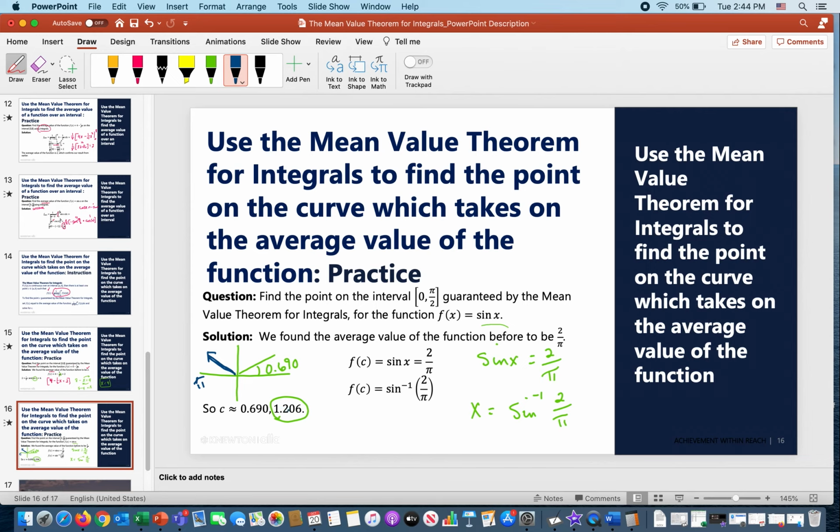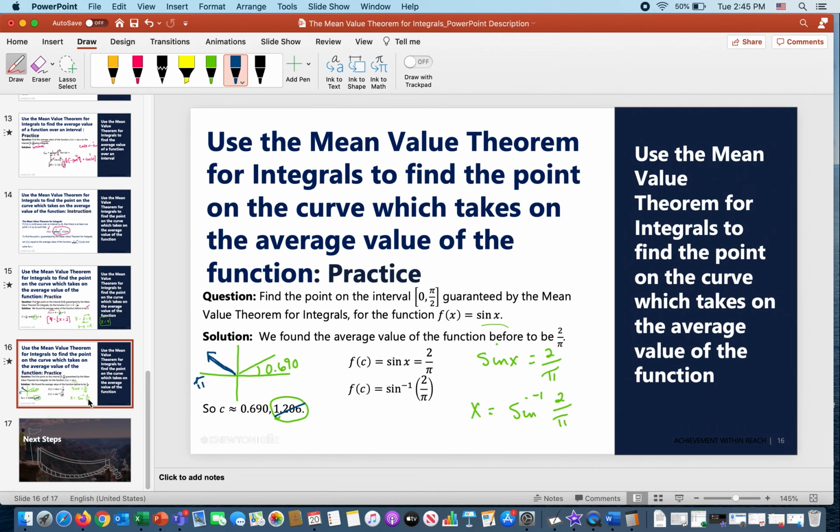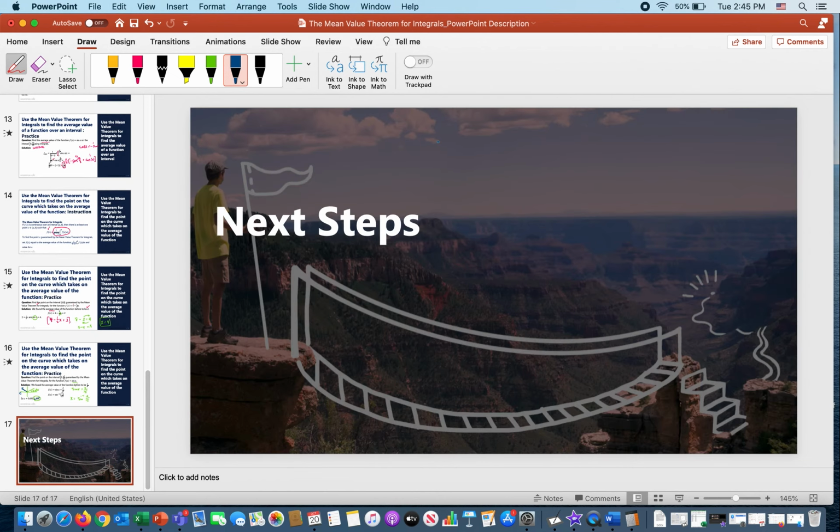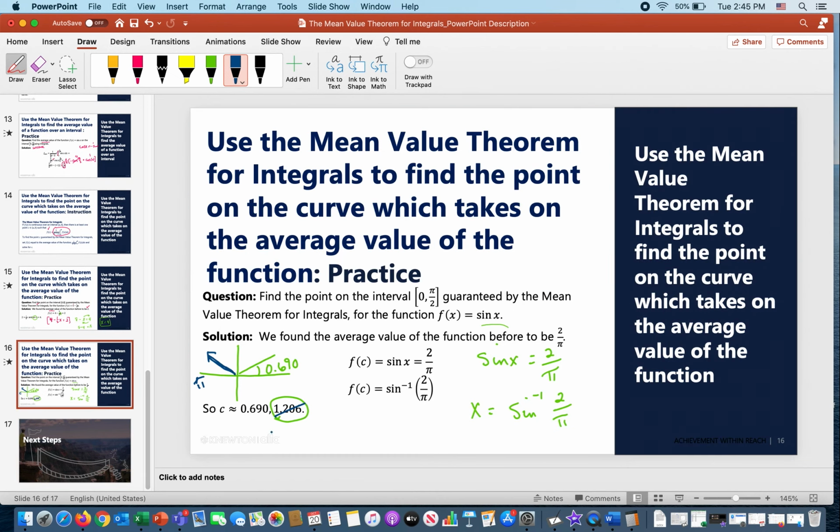So finding that second value right here, 1.206, that one's got me stumped. I'm going to come back to you and figure that one out. We'll talk about that 1.206 in the next video. For now, though, take a look at your next steps in Newton. I'm not sure you're going to have that issue with the 1.206, but I'll come back and explain that just briefly.